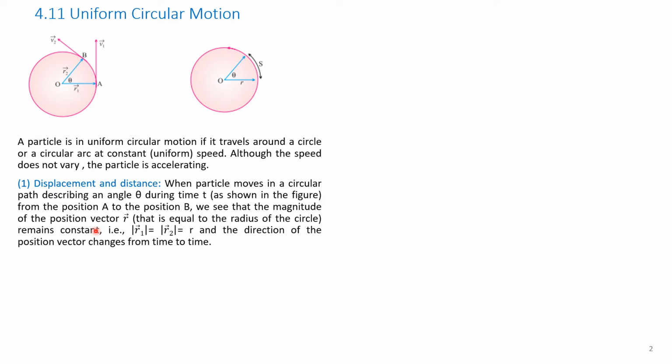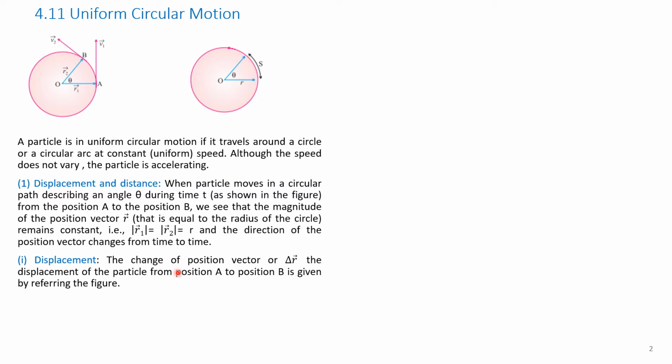So the radius of the circle is constant even though the particle has moved from A to B because of the circular path. Therefore, mod of R1 is equal to mod of R2 equal to R, the radius of the circle, and the direction of the position vector changes from time to time.